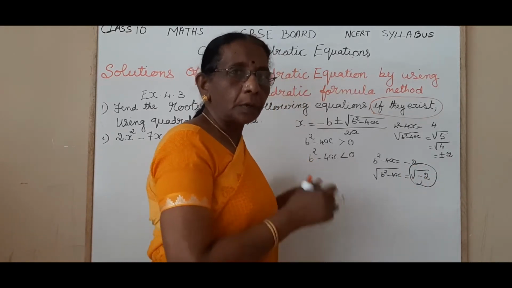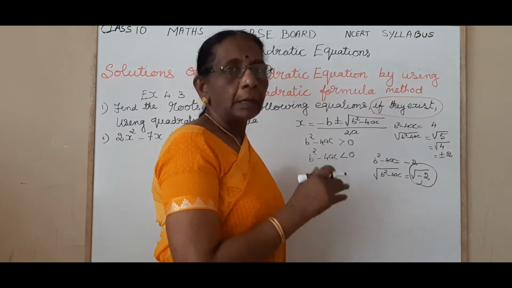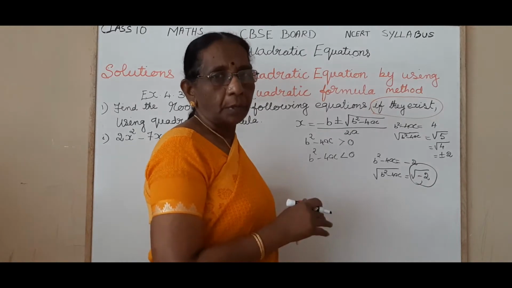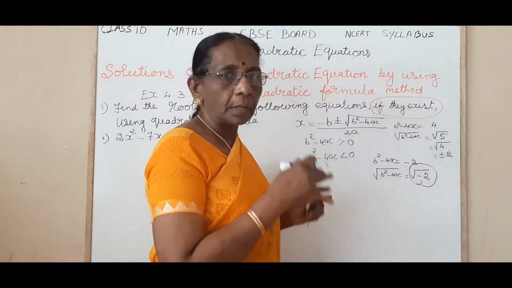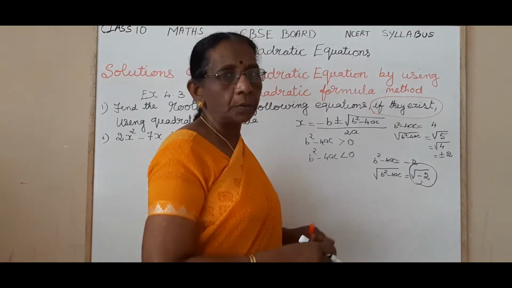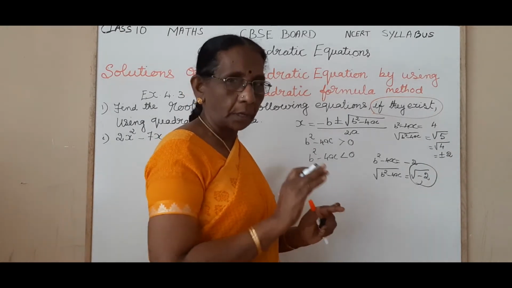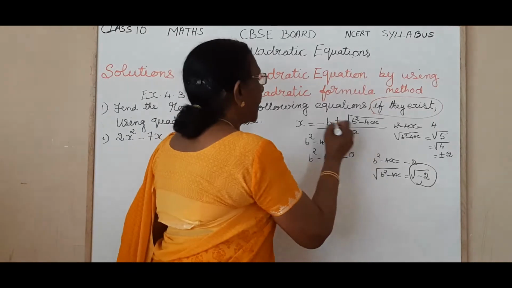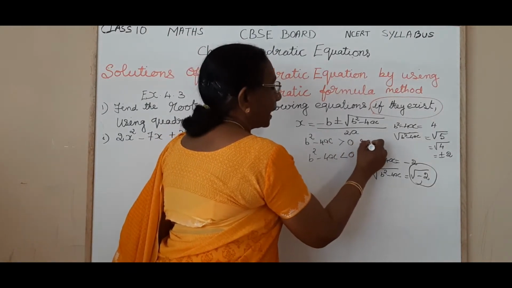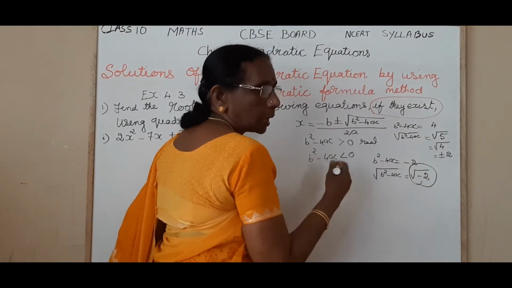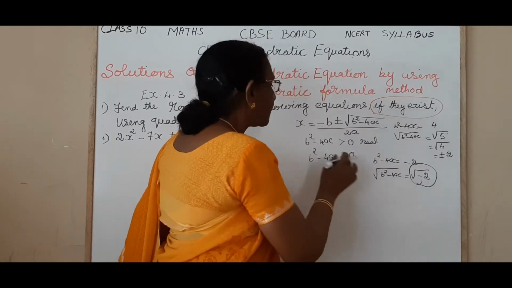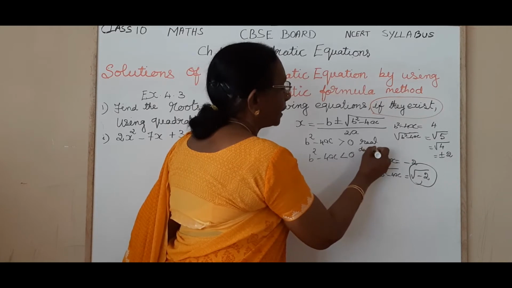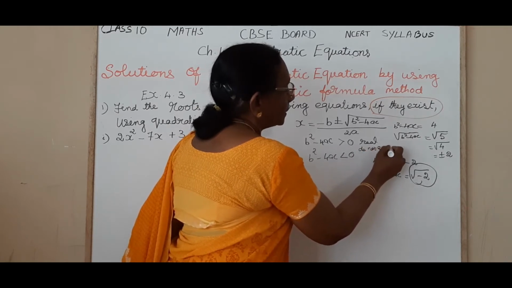You will be learning about this number in higher classes, not in 10th standard. So we come to the conclusion that the roots are imaginary, that means the roots of the quadratic equation do not exist. Have you understood? If it is greater than 0, we will get real roots, and if it is less than 0, the roots do not exist.